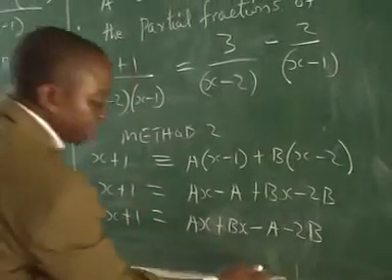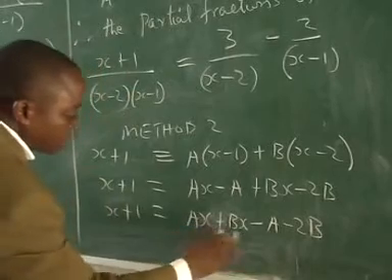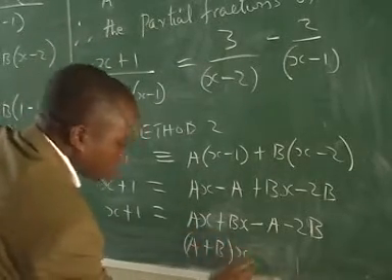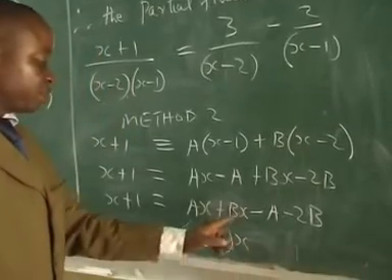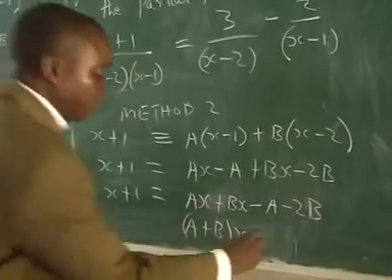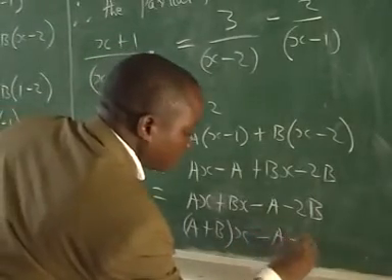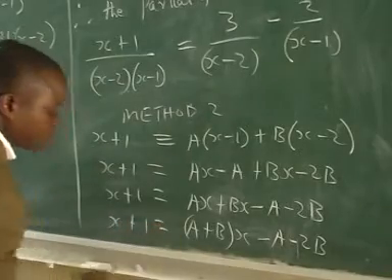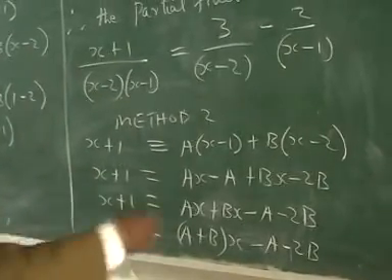Now, I can factor out something here. I have a plus b times x, so that x times b will give me bx, x times a will give me ax. Okay, minus a minus 2b. x plus 1 is equal to this. Now, comparing coefficients.